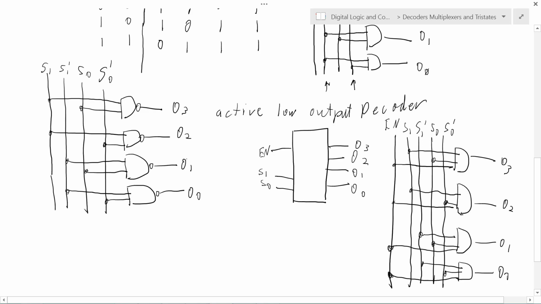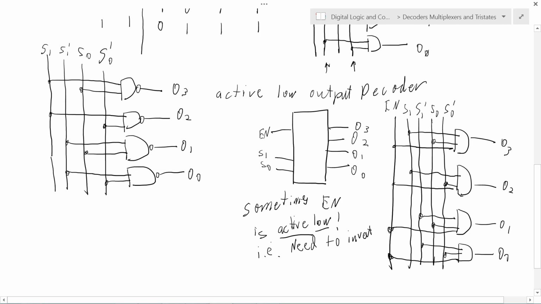Keep in mind that sometimes EN is active low. In other words, you need to invert EN first.